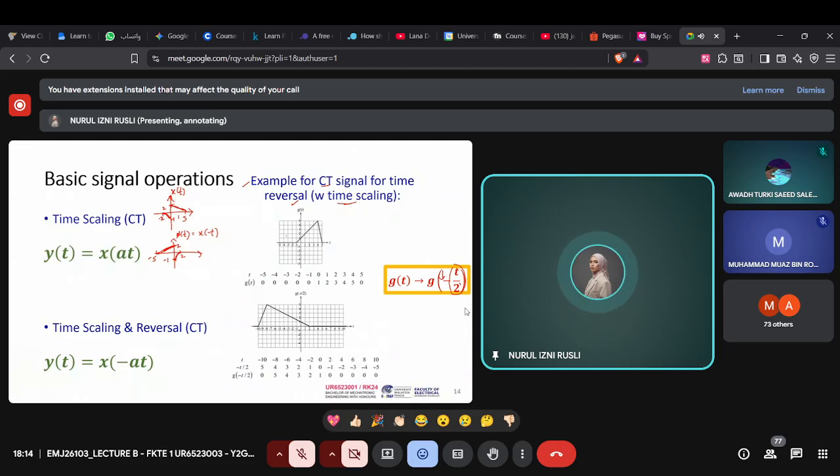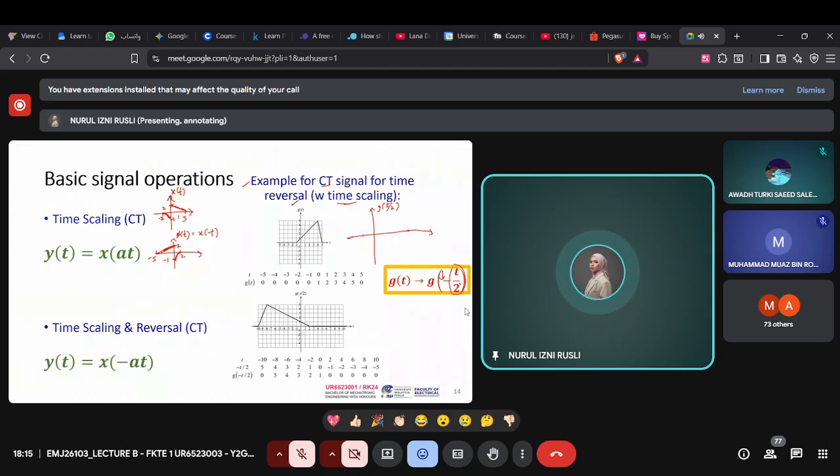So what you could do here is do it step by step. You could do first the time scaling for this signal. You know that for this new signal, it is g of t over 2. This is expansion. So you know that instead of -1, now you have to multiply by 2.